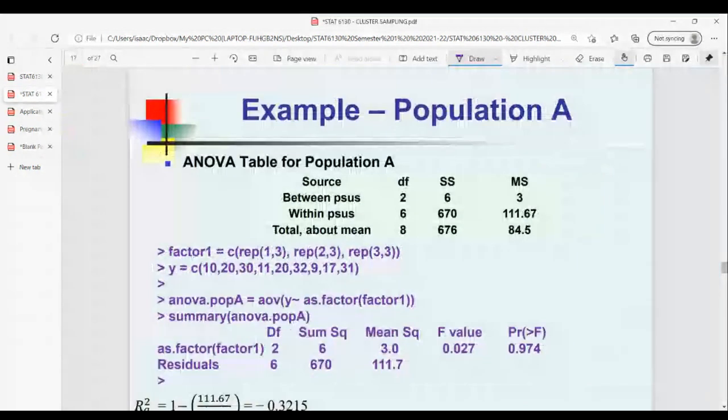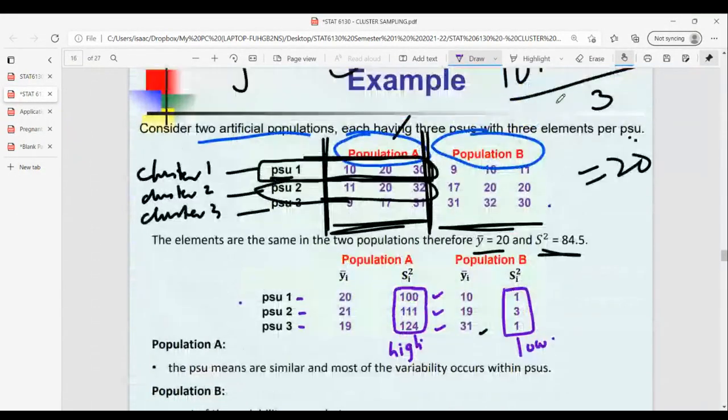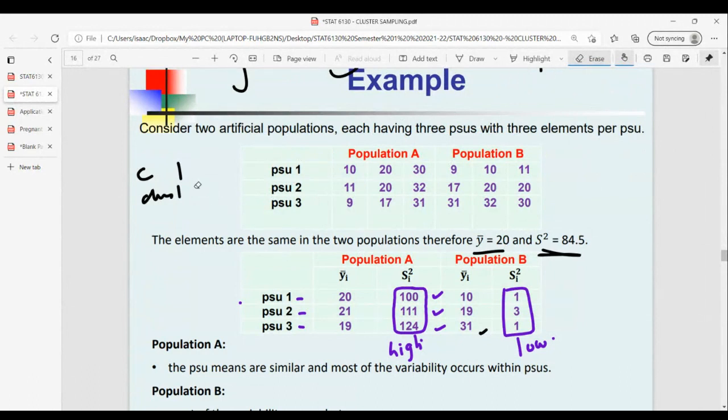So where does this ANOVA table come from? Well, in order to illustrate what is taking place, I construct an ANOVA table. The ANOVA table is helpful to produce the sums of squares and the mean squares. So that's all I'm doing.